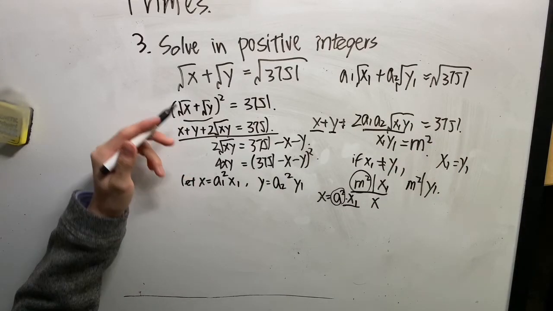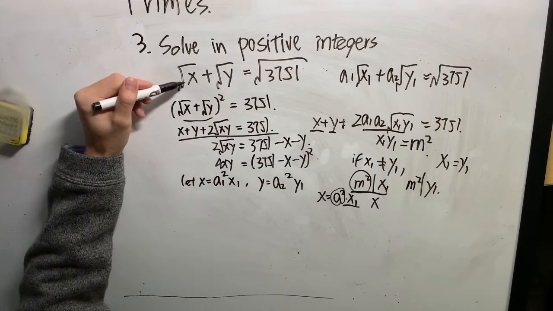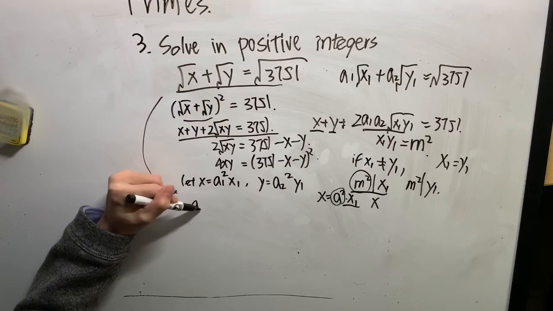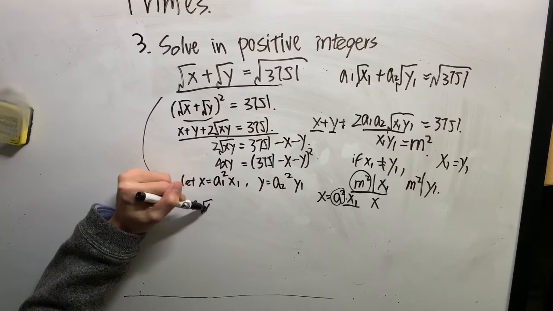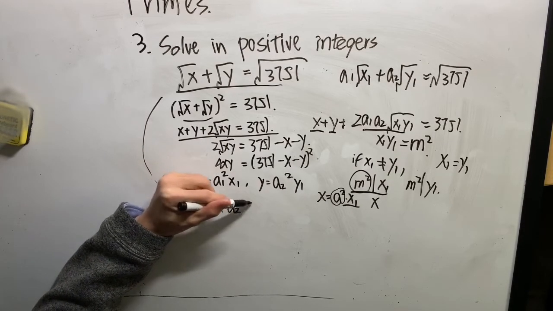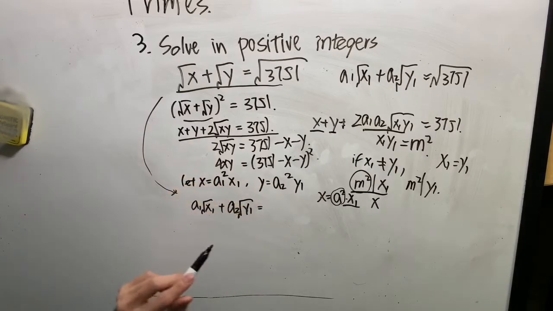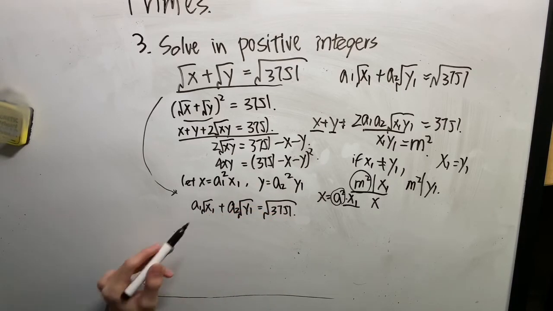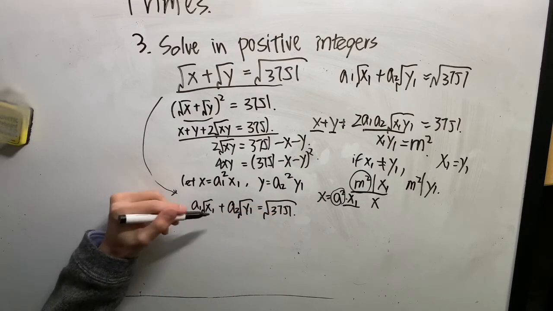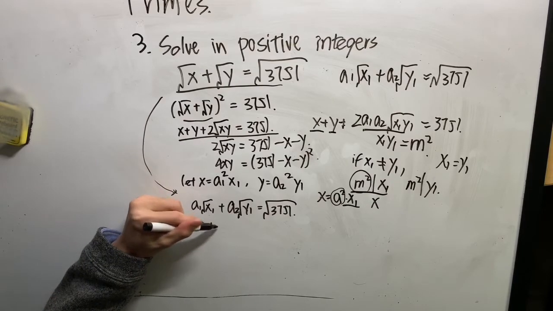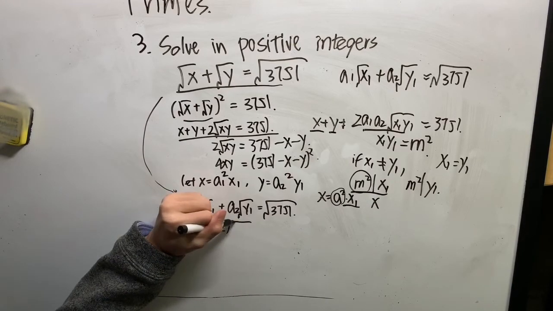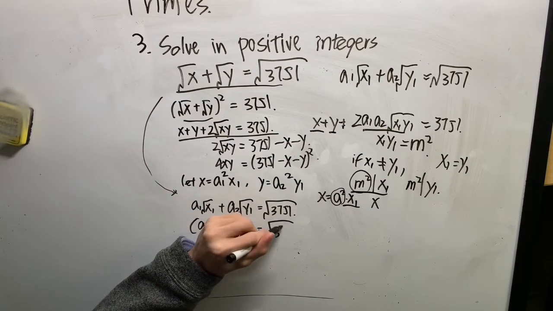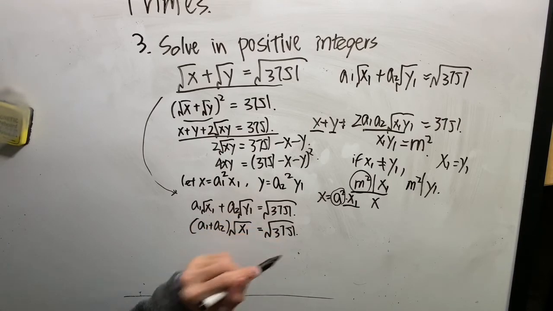So now let's look at the original question. This becomes a1 root x1 plus a2 times root y1 equals root 3751. And since x1 equals y1, we have (a1 plus a2) times root x1 equals root 3751.